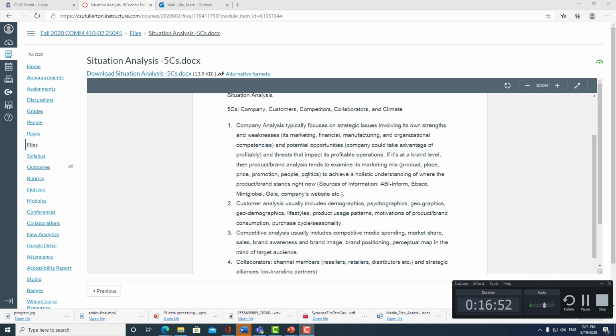Geodemographic basically segments the demographics in conjunction with the location where they live. Sometimes you will be able to find that kind of information, but if you cannot, it's okay. You don't have to worry about that.